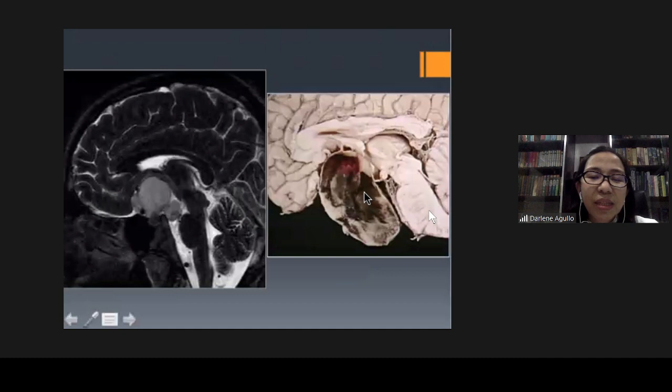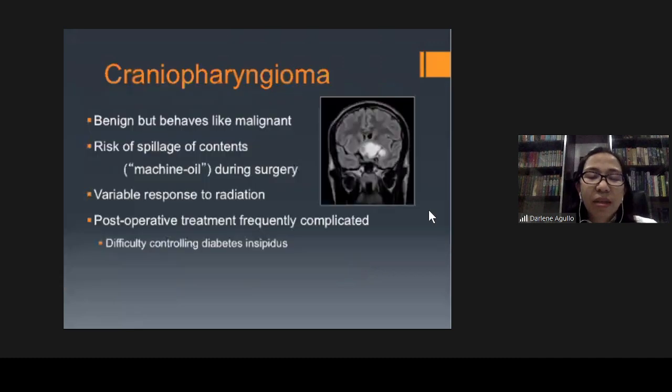You will see this machine oil appearance for cystic lesions, no? Meron siyang machine oil fluid. So the tumor is benign, but because of its difficulty to resect, kita nyo, o gitnang-gitna siya, it behaves like a malignant lesion.